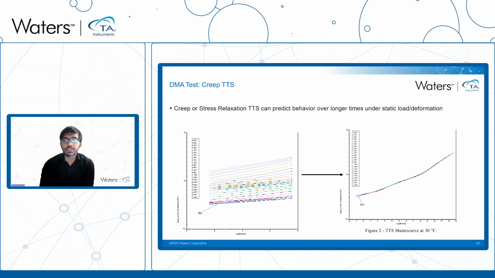For this example, the data provides estimation across a time range of approximately 0.1 second up to 10^12 seconds, which is almost 300 centuries. So TTS is both a qualitative tool for material comparison, and also a quantitative tool that can be used to predict the material behavior.